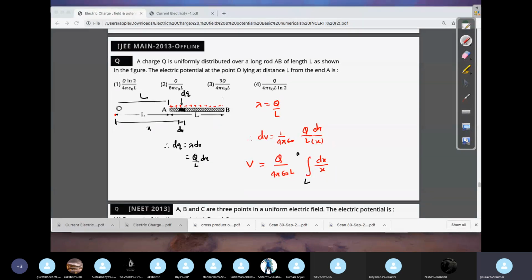So from L to 2L, we get Q by 4 pi epsilon naught into L times the integral of 1 by x, which is ln x, from L to 2L. Upper limit minus lower limit gives ln 2L minus ln L, so ln of 2L by L, and L will cancel. What is the answer? Q into ln 2 by 4 pi epsilon naught into L. This is what you have.